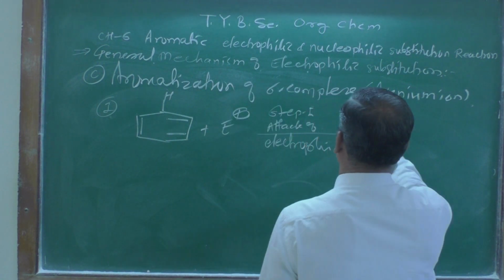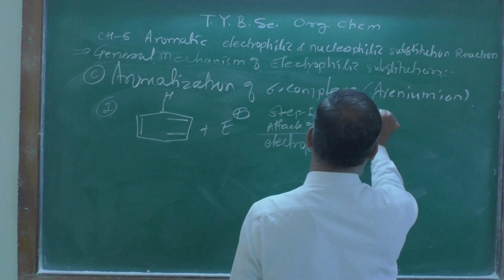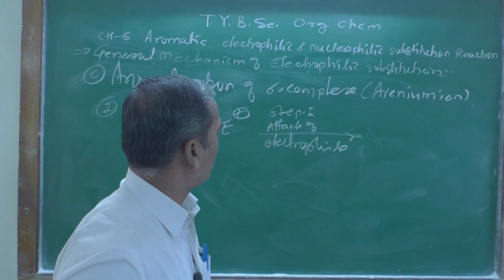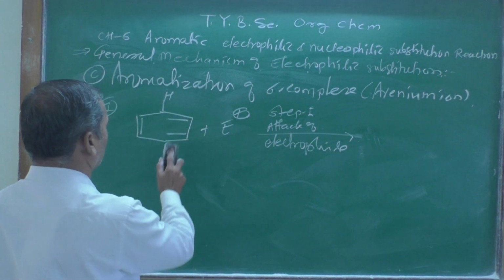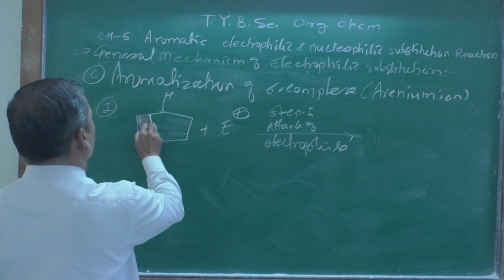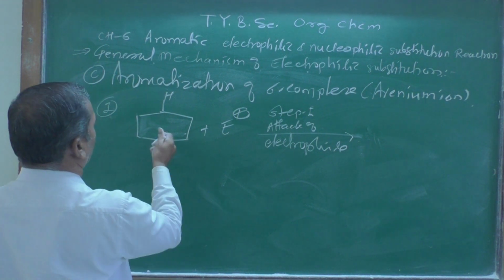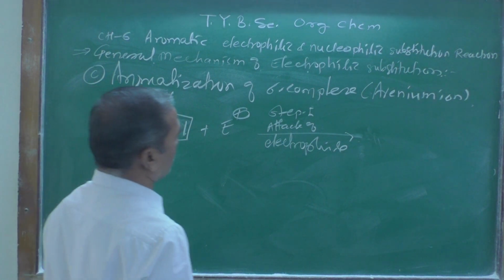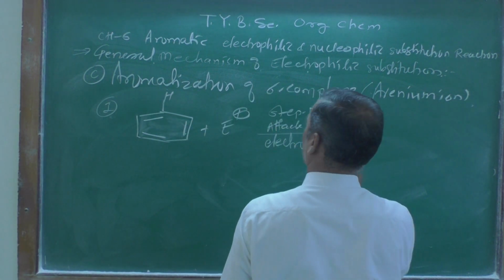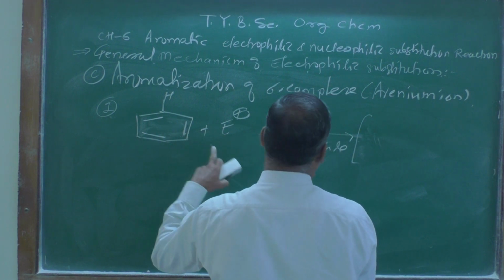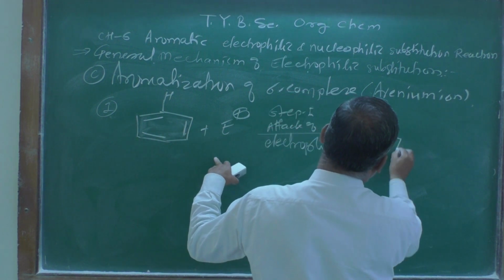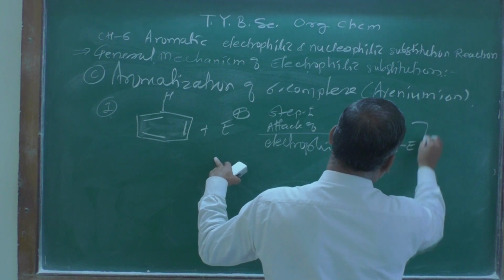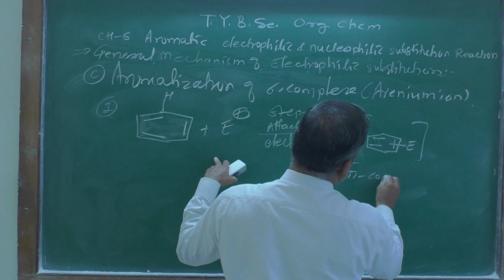And what is happening after the attack of the electrophile? I am writing it properly here, with the double bonds drawn in a proper way: one double bond, another double bond and another double bond. When the electrophile approaches the aromatic compound, first a pi complex is formed.